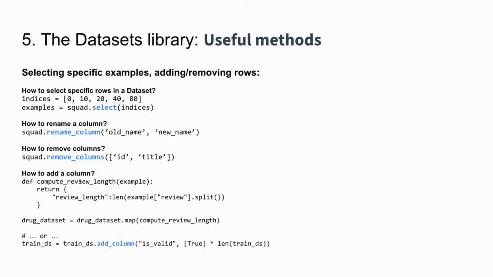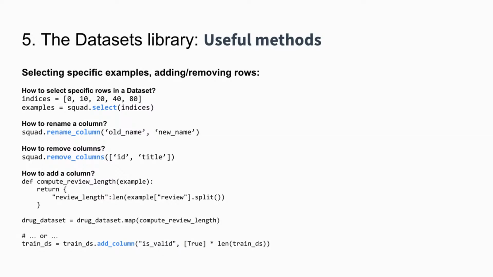There are a couple of ways to add columns. If you are using the map method and passing in one example at a time, you can simply return a dictionary with the new column and whatever you want that to be. If you're working with the dataset and just want to add a column, one of the things with fastai, which we'll see in a second, is that fastai typically wants your training and validation data in a single dataset.